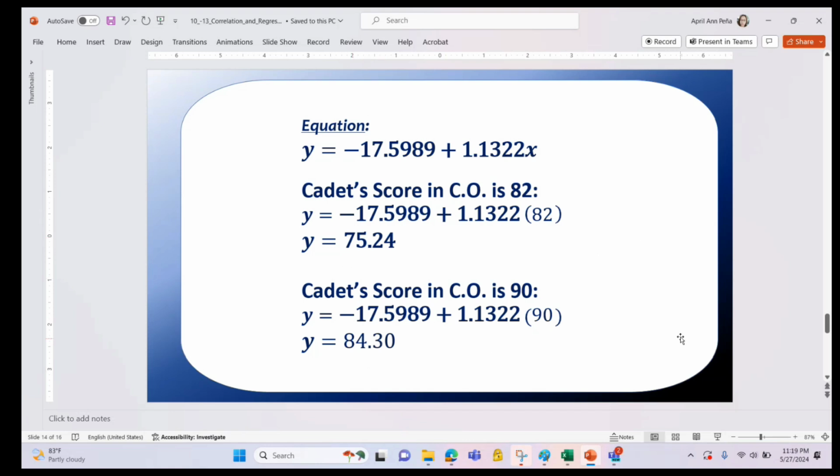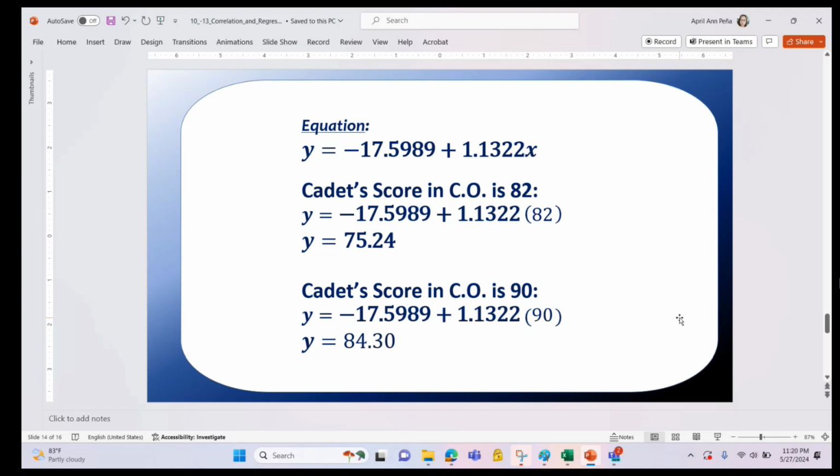So what does it mean? Again, if the score in the course outcome increases, the score in the examination also increases.